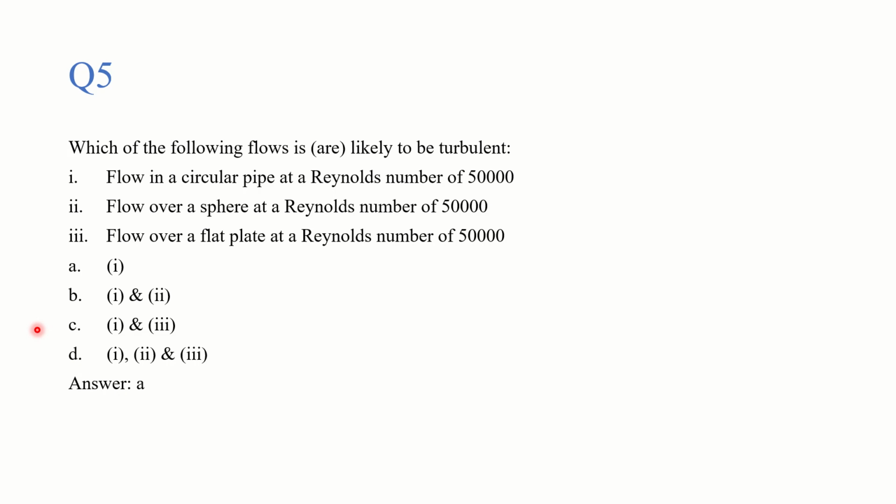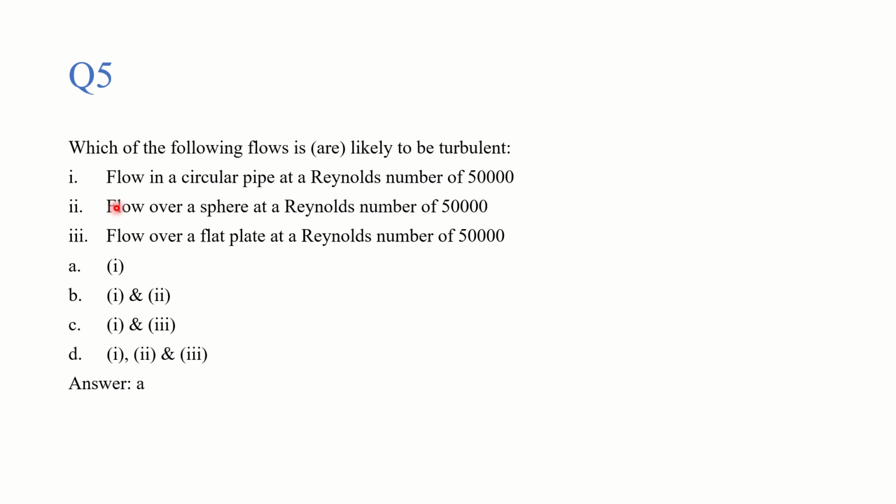So the critical Reynolds number for flow through a circular pipe is 2000, whereas for flow over a sphere, as given in the second option, the critical Reynolds number is around 2 lakh. So if it is 50,000, it is probably laminar flow. And for flow over a flat plate, where we calculate it based on free stream velocity, the critical Reynolds number is around 5 lakhs, not 50,000. So obviously the critical Reynolds number for flow over a sphere and flow over a flat plate is around 2 lakhs and 5 lakhs respectively.